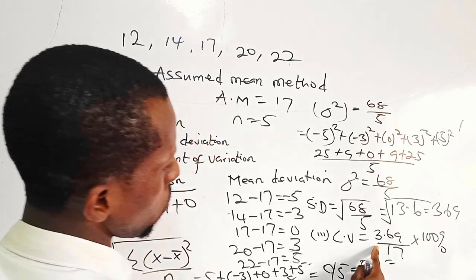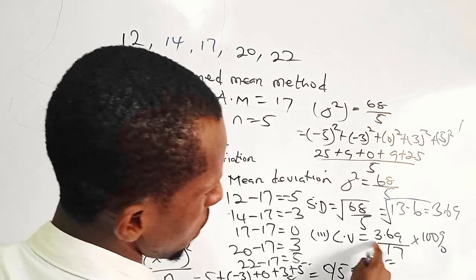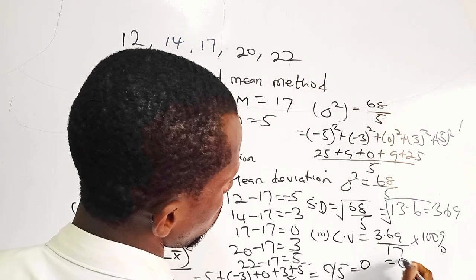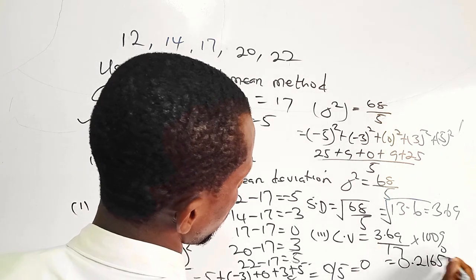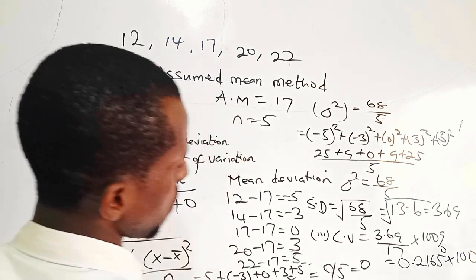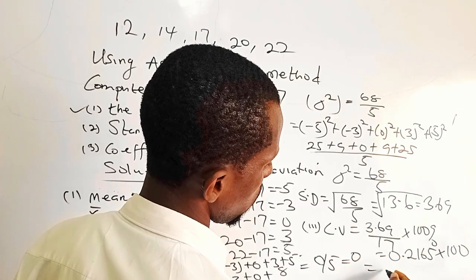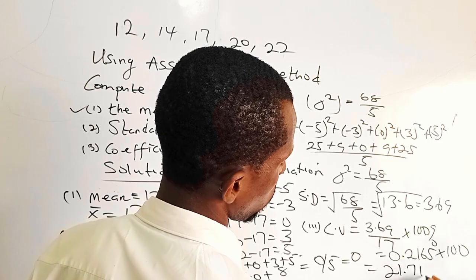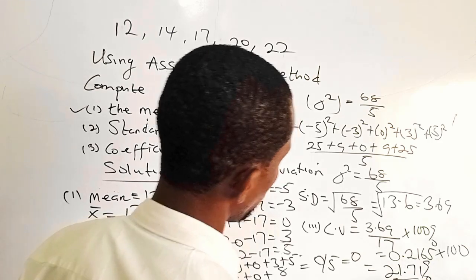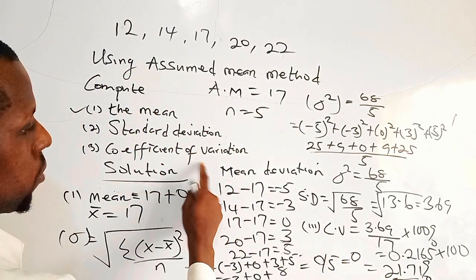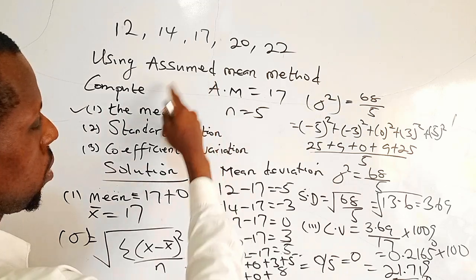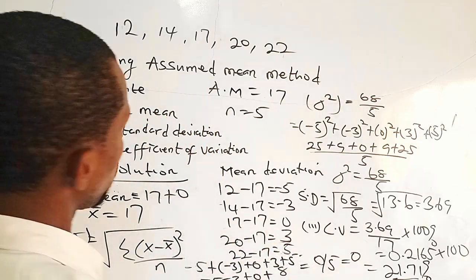When we divide this with our calculator, we get 0.2165. Multiplying this by 100, we have 21.71%, which is the coefficient of variation using the assumed mean method. Thank you very much.